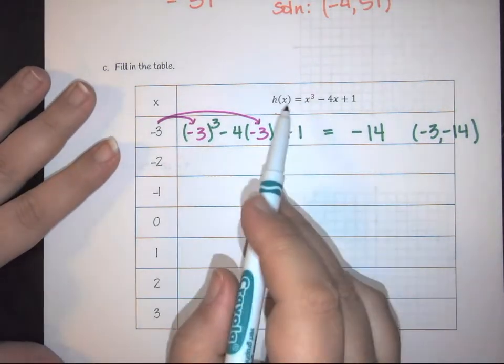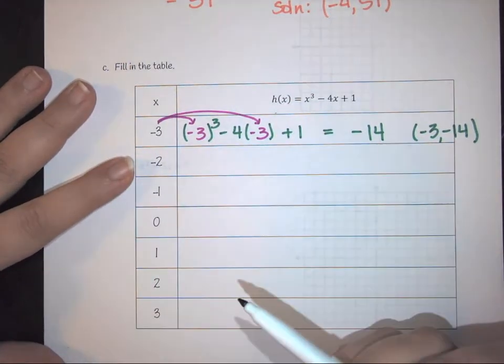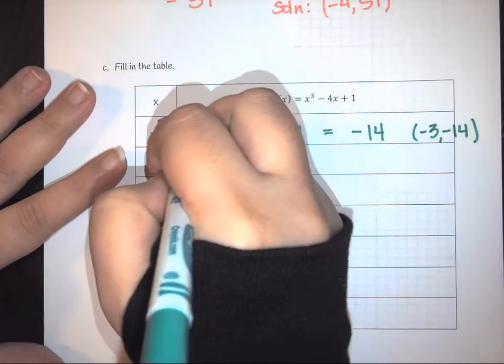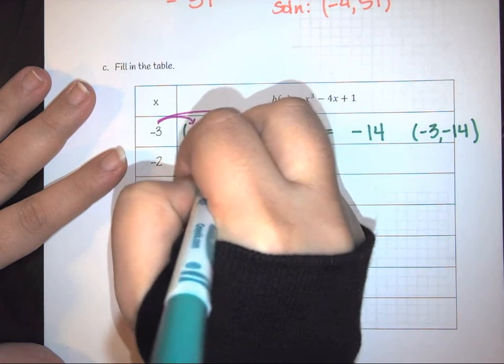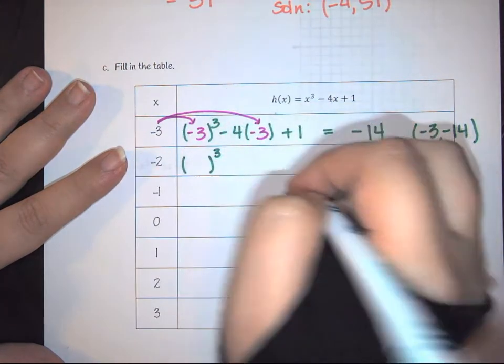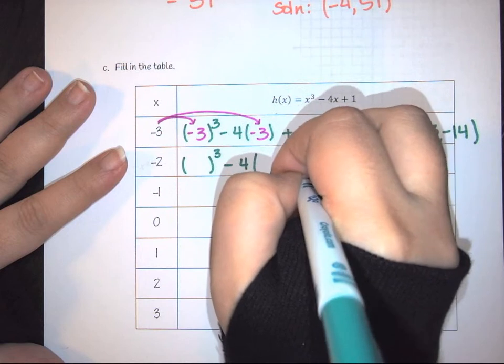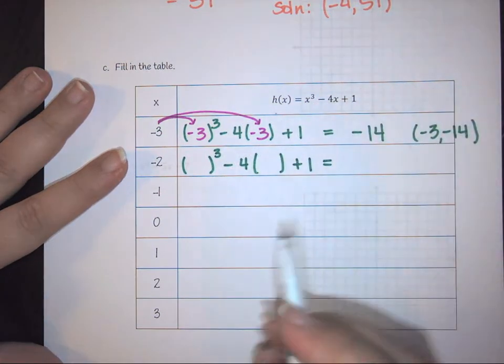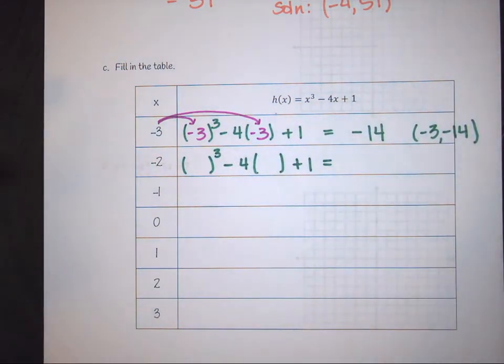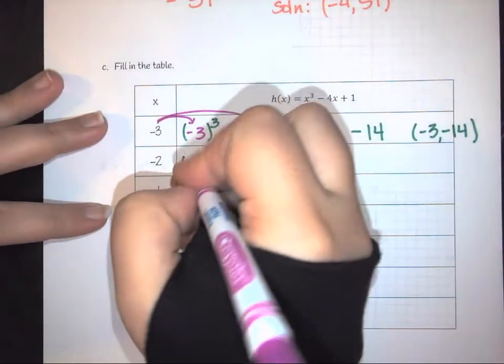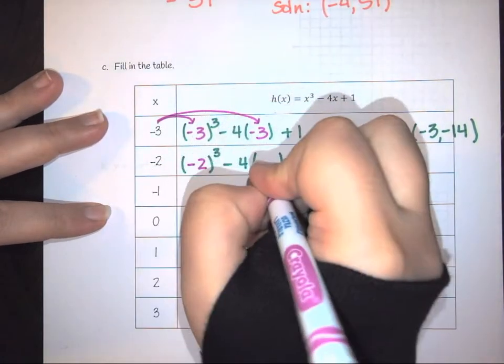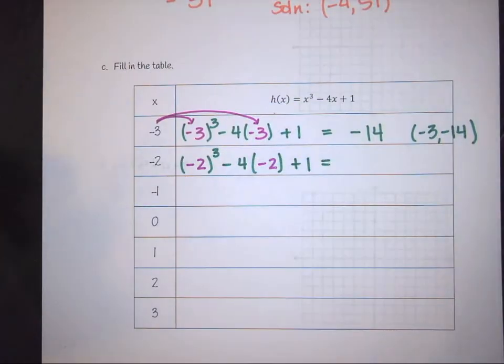You're going to use the same function, but now we're going to change the x value. So here, this becomes something cubed minus 4 times something plus 1. Well, that something in this case, again, is -2. So my -2 gets input everywhere I have that x, and now I simplify.